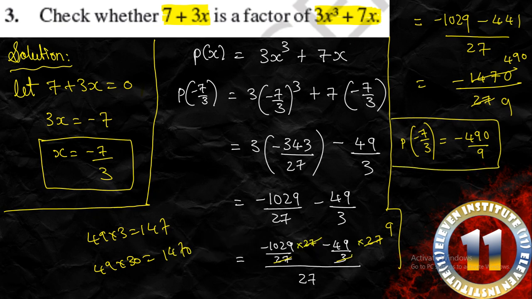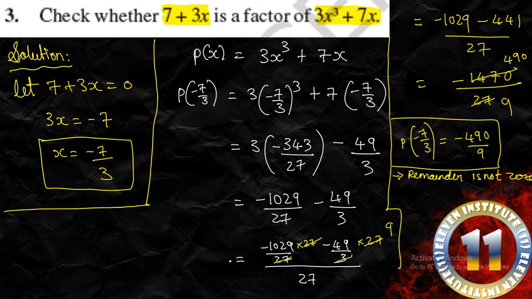Yes. So here we can clearly see that the remainder is not 0, right? The remainder is not 0. If the remainder is not 0, then this is not a factor of this. So we can write over here, remainder is not 0.